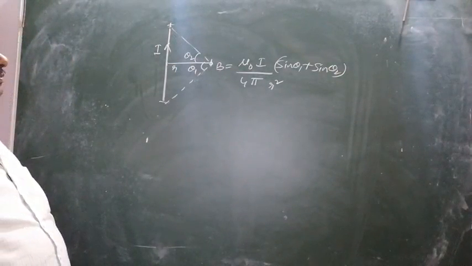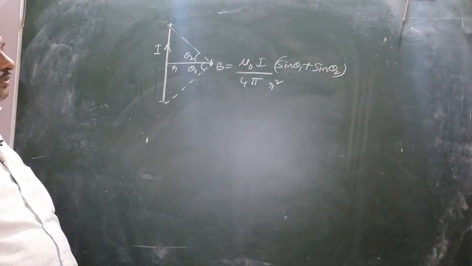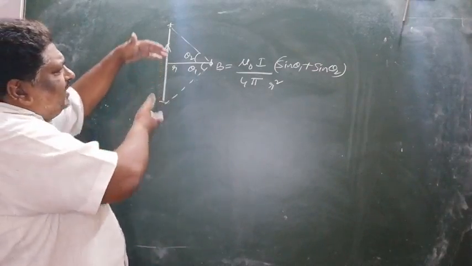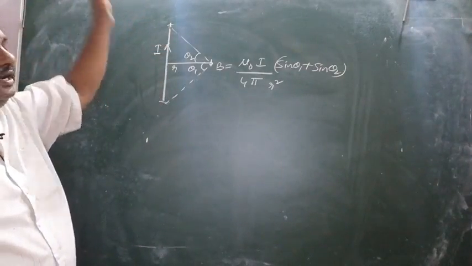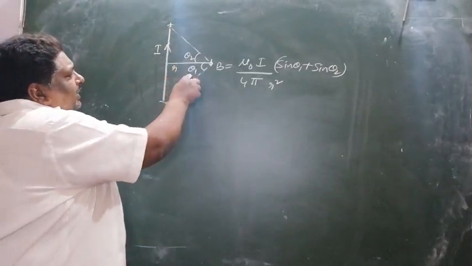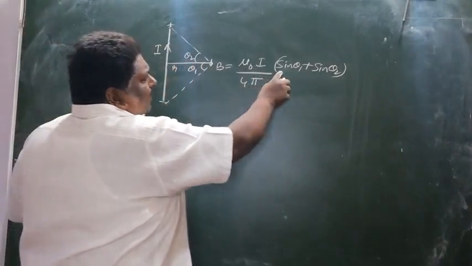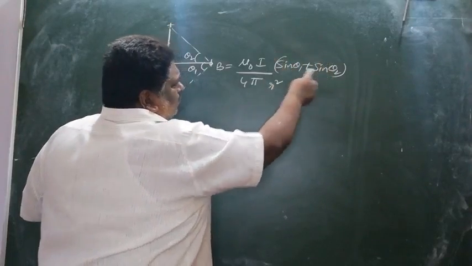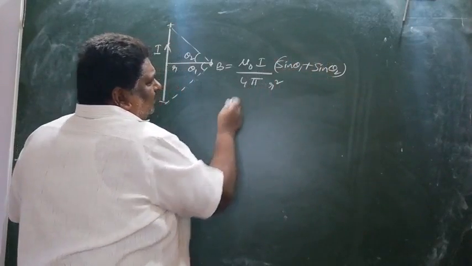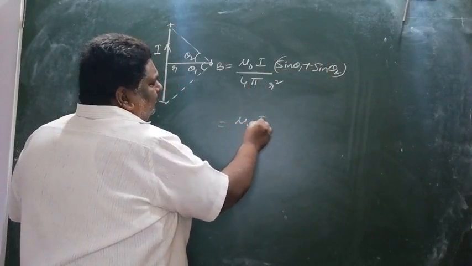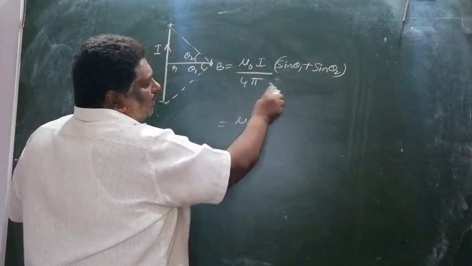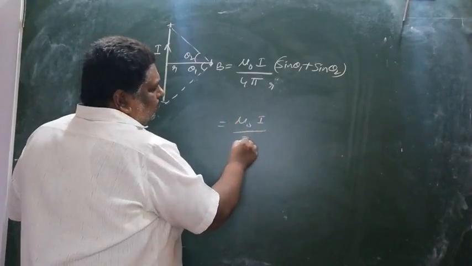So remember the formula, mu naught I by 4 pi r into sin theta 1 plus sin theta 2. Suppose it is an infinite conductor, infinite length, then theta 1 is 90, theta 2 is 90. Substitute in this formula: sin 90 plus sin 90, this is 2, and 2 with 4, 2 times will go. Mu naught I by 2 pi r.